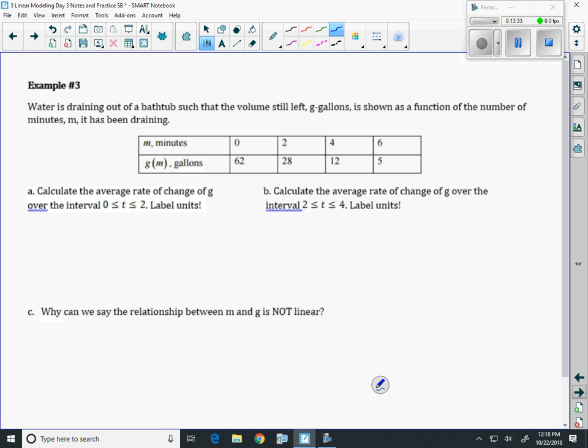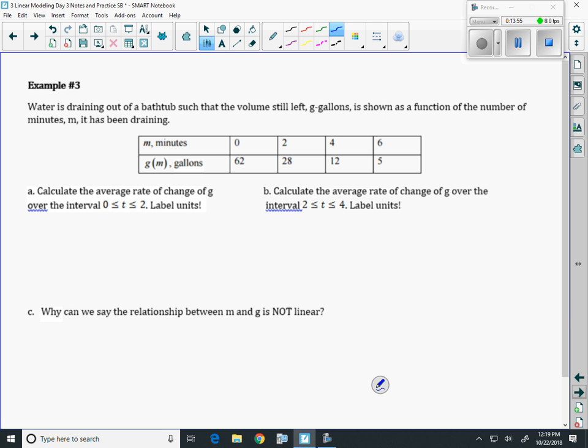Sure. All right. Water is draining out of a bathtub. I'm sure you've experienced this before, right? Or a tub full of water, maybe it's like a kiddie pool, whatever. Such that the volume still left in gallons is shown as a function of the number of minutes. It says calculate the average rate of change of gallons over the interval from 0 to 2.